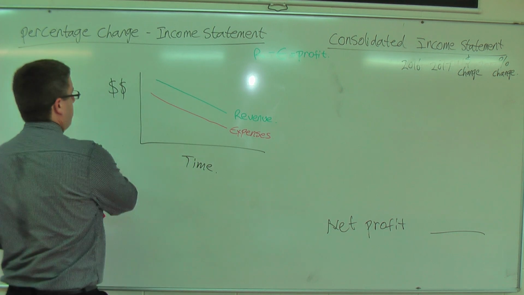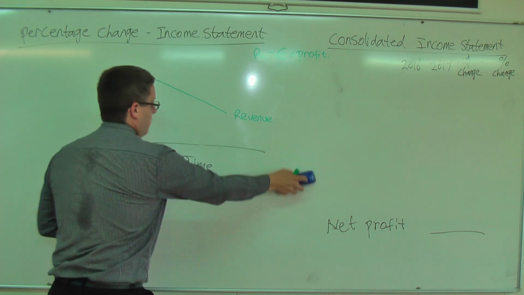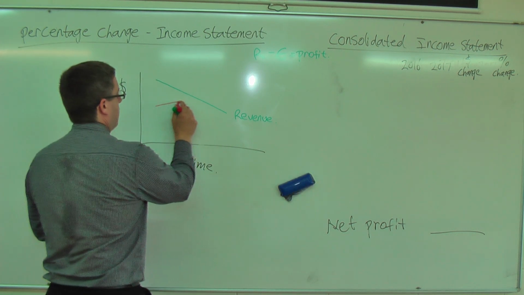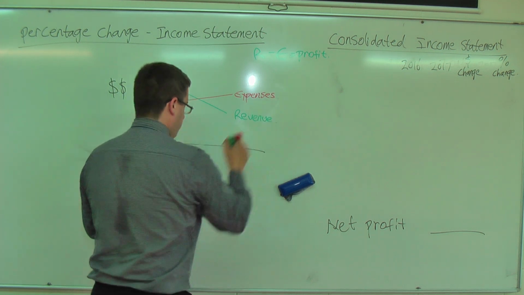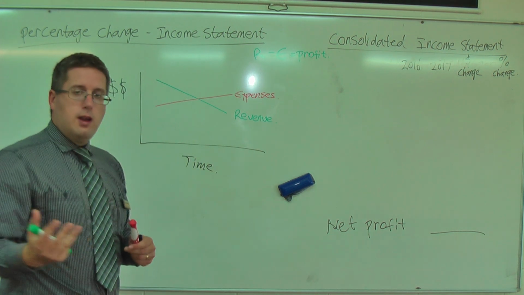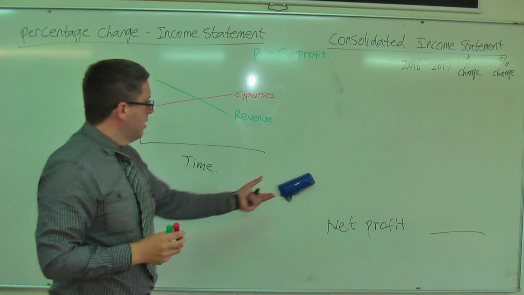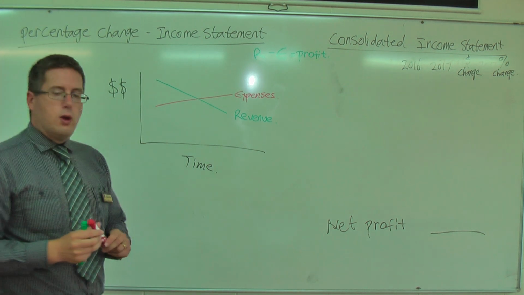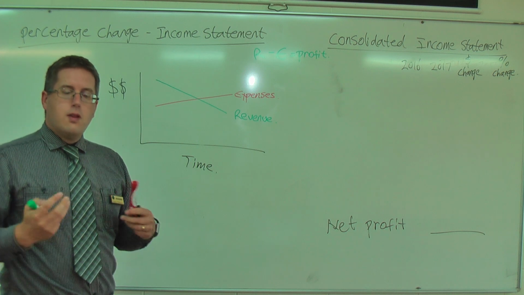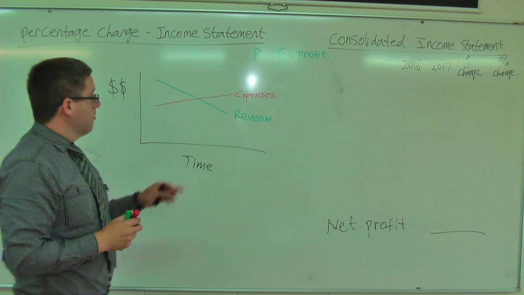But sometimes this happens. Sometimes our revenue is going down each year, and sometimes our expenses are going up. It's quite an interesting situation. This could indicate a few things.